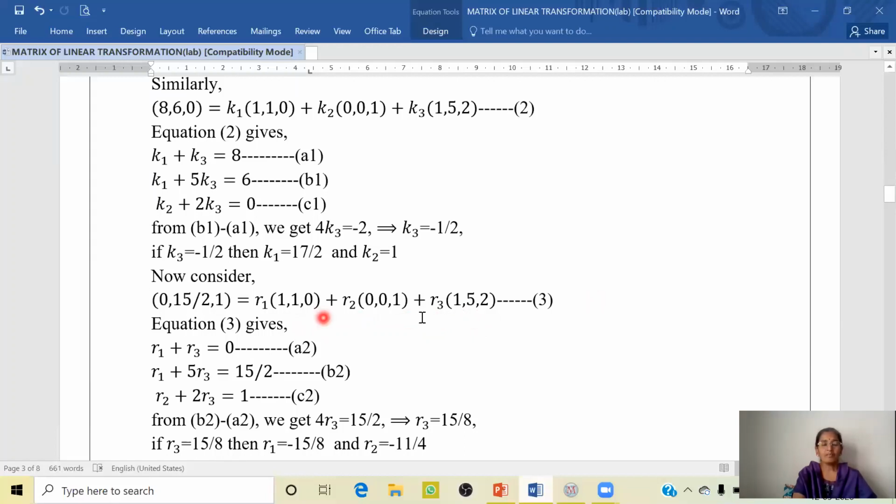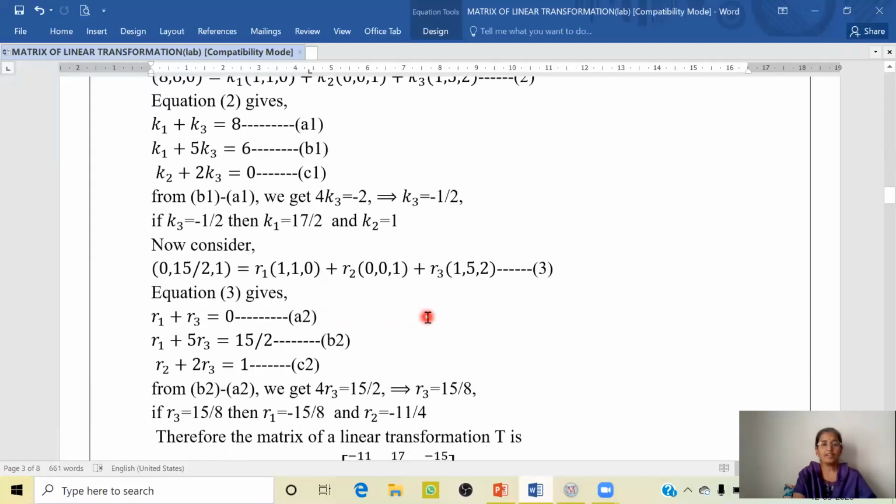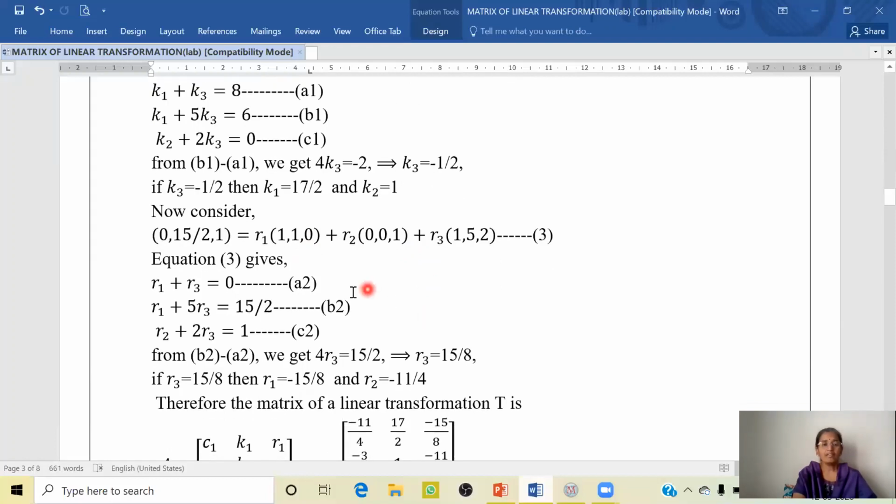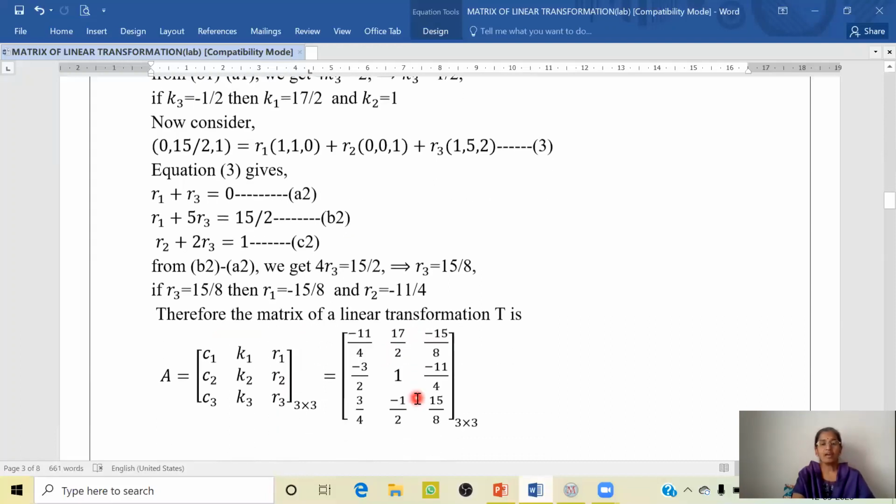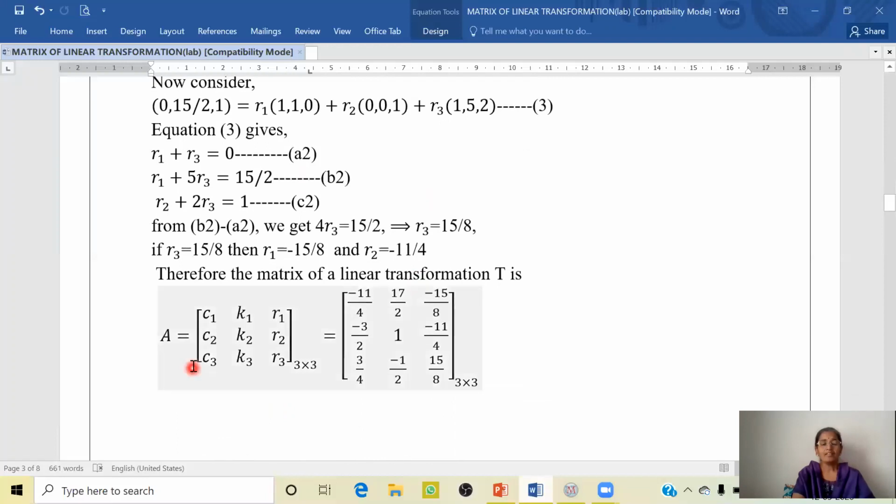Once again, when we simplify the right hand side and equate it to the left hand side, we obtain these 3 equations. Solving these 3 equations for R1, R2, R3, we get R3 is equal to 15 by 8, R1 is equal to minus 15 by 8, and R2 is equal to minus 11 by 4. So the matrix of the linear transformation is now given by A, with the coordinates C1, C2, C3 in the first column, K1, K2, K3 in the second column, and R1, R2, R3 in the third column.